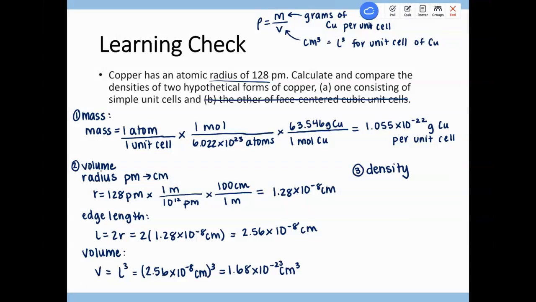So we have mass in grams, we have volume in centimeters cubed. To find the density, we need to just do that fraction. So density is mass over volume, 1.055 times 10 to the negative 22nd grams, divided by 1.68 times 10 to the negative 23rd centimeters cubed.